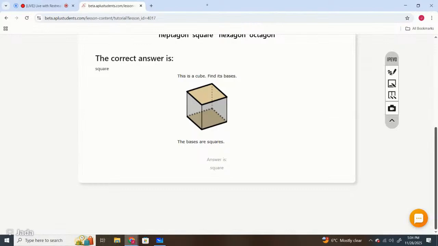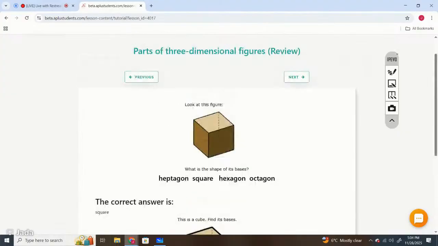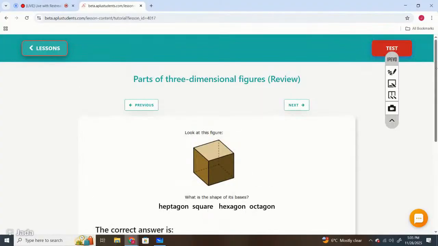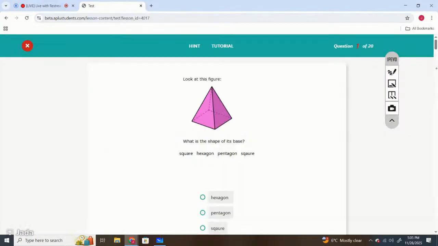Let's just start with the test questions. The base of the shape is square. Look at this figure.